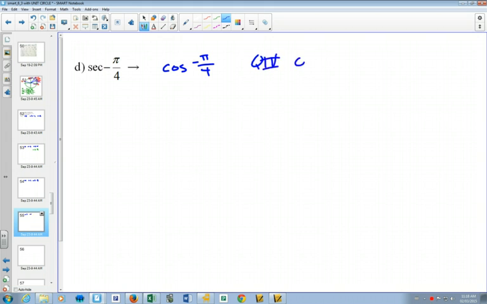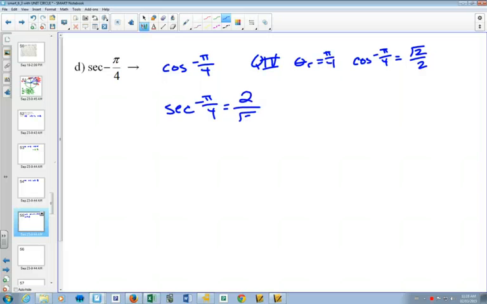That's in quadrant 4. The reference angle is still pi over 4. So I know that cos of negative pi over 4 is going to equal root 2 over 2. That means that secant of negative pi over 4 is going to be the reciprocal, 2 over root 2.